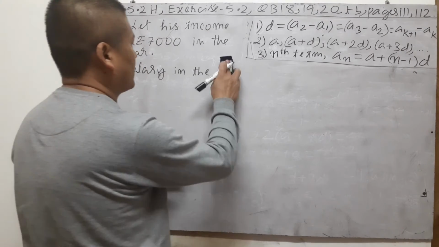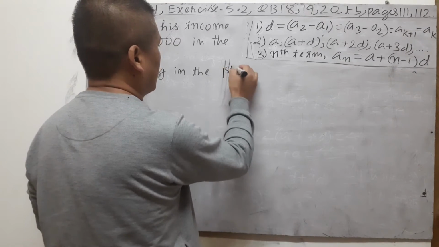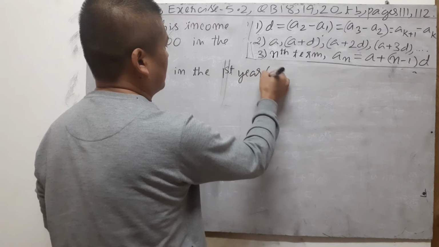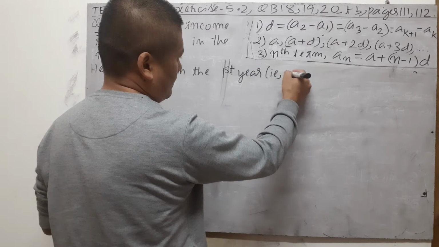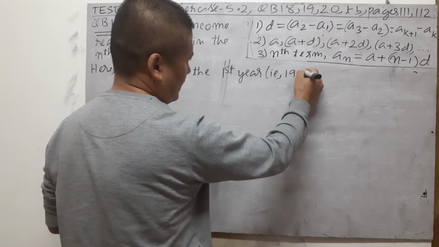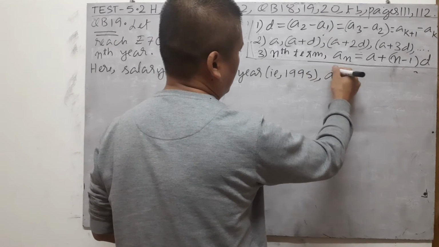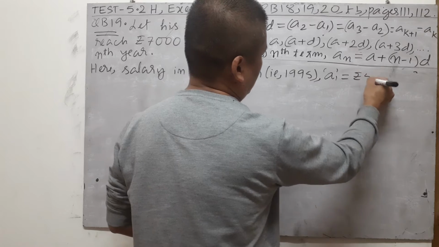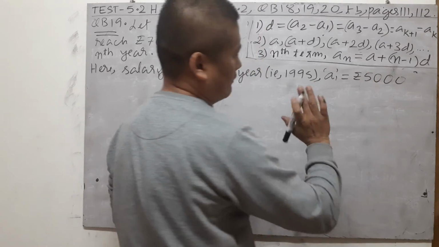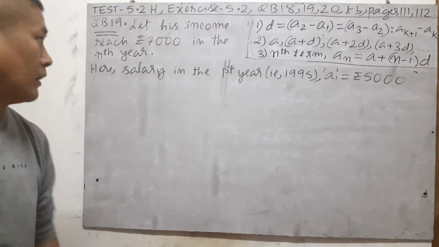Salary in the first year. Let's listen carefully. First year, that is specifically when he started in the year 1995. Let us denote by A1 his starting salary for 1 year. In 1 year he was earning rupees 5,000.